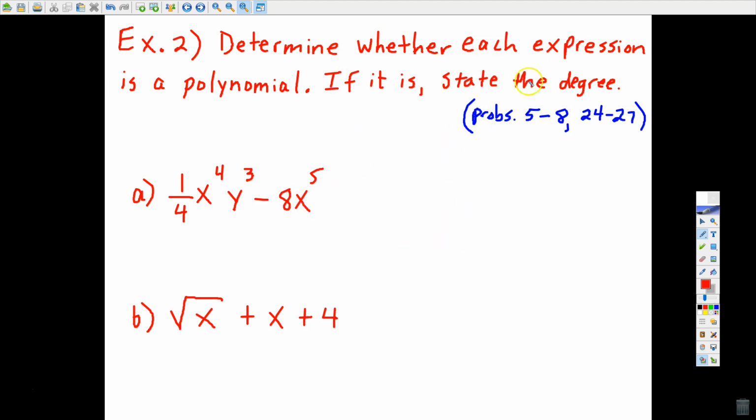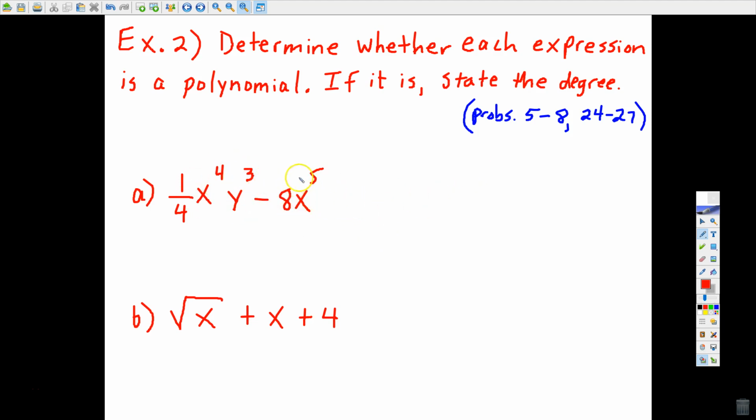Let me just run through a quick explanation of how you know whether or not you're looking at a polynomial. A polynomial should be monomials that are connected with either plus or minus signs. That's a simple way of explaining it.